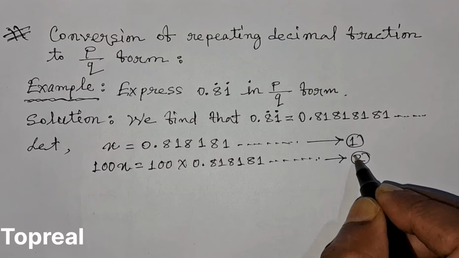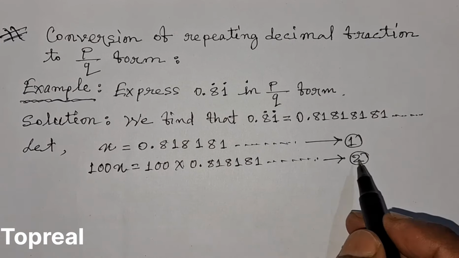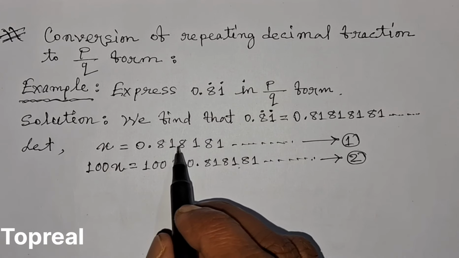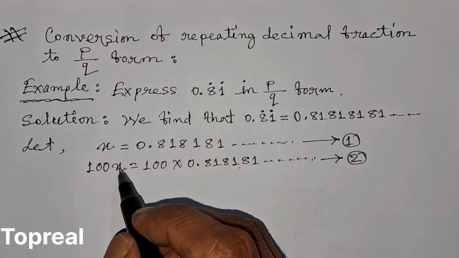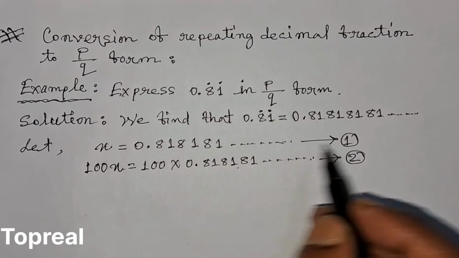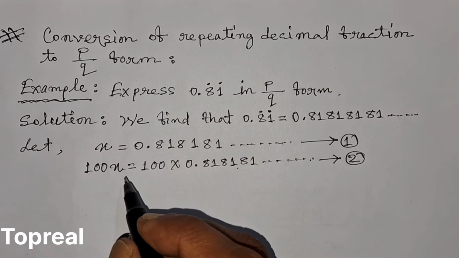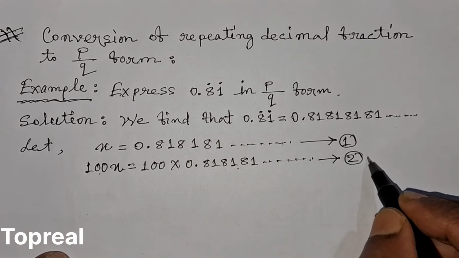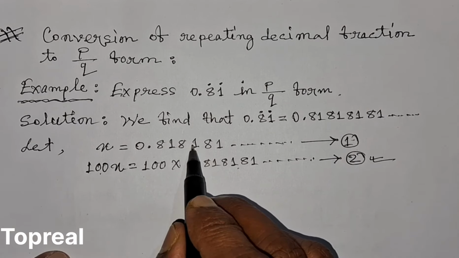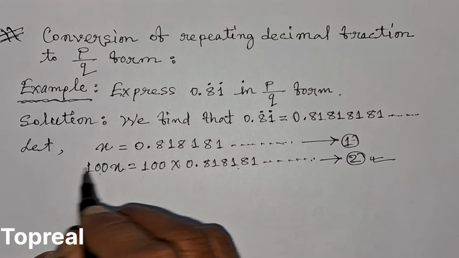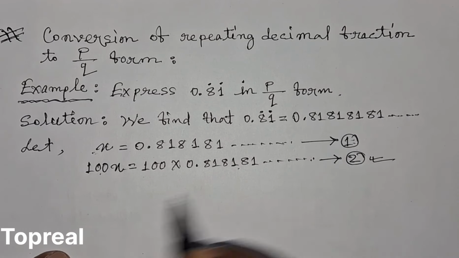Equation number 2. We find this equation 2 by multiplying both sides of equation 1 with 100. We get this equation from equation 1 multiplying with 100 both sides.